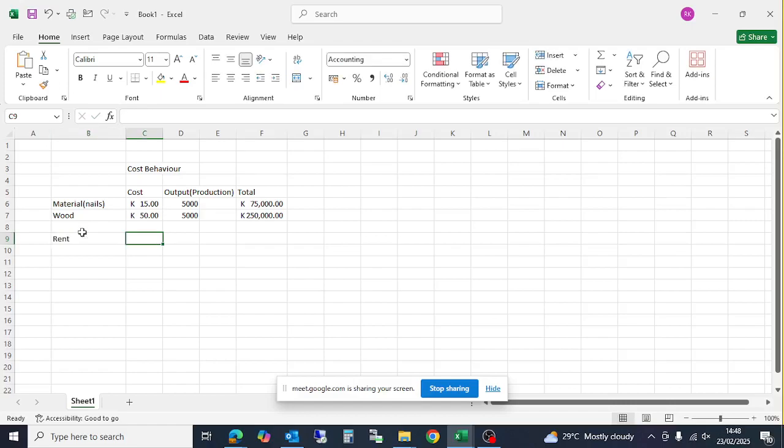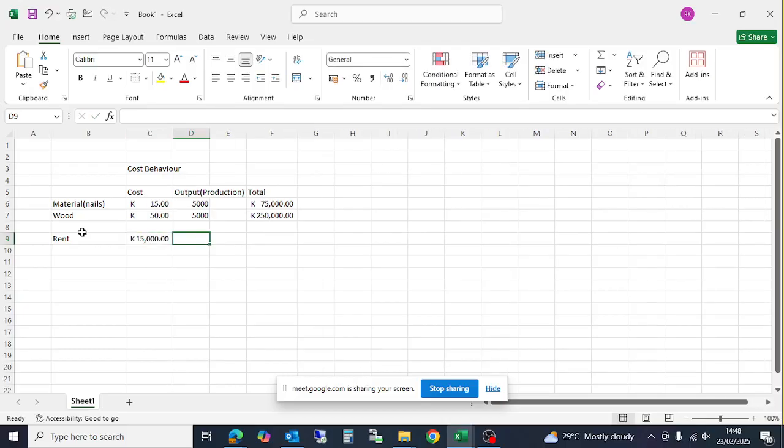Let's say we have another cost here, rent. We pay rent of 15,000 kwacha every month. Is our rent affected by production? No, because we pay for the entire building. It's not affected by the output that we produce. It's a monthly expense.